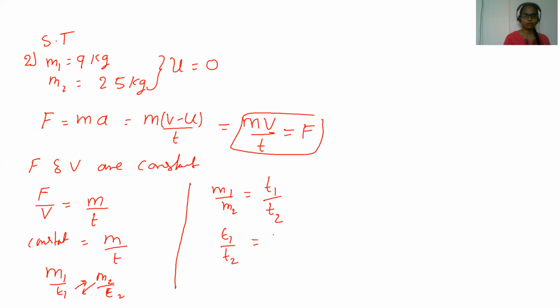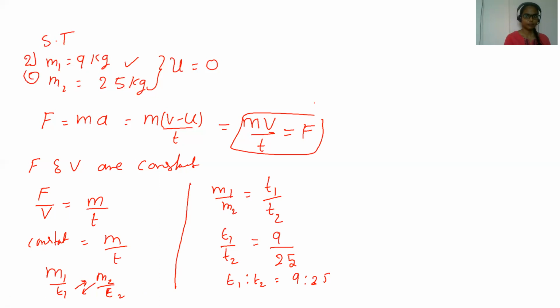M1 is given as 9 kg and M2 is given as 25 kg. So you will get t1 is to t2 is equal to 9 is to 25. I hope this is clear, children. Like this, we find the ratio of time in the given problem. So I think it's option C in the given question.